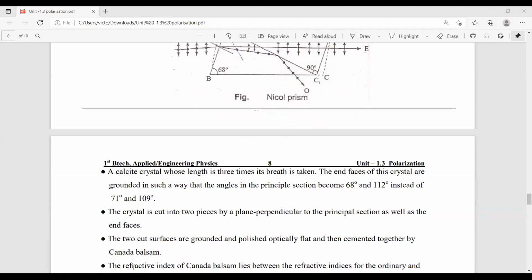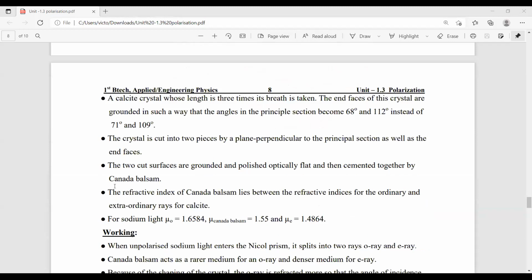Again, these two pieces are ground and polished, and they are joined together by a material, Canada balsam. Canada balsam is a material whose refractive index lies between the refractive index of the ordinary ray and the extraordinary ray for calcite.